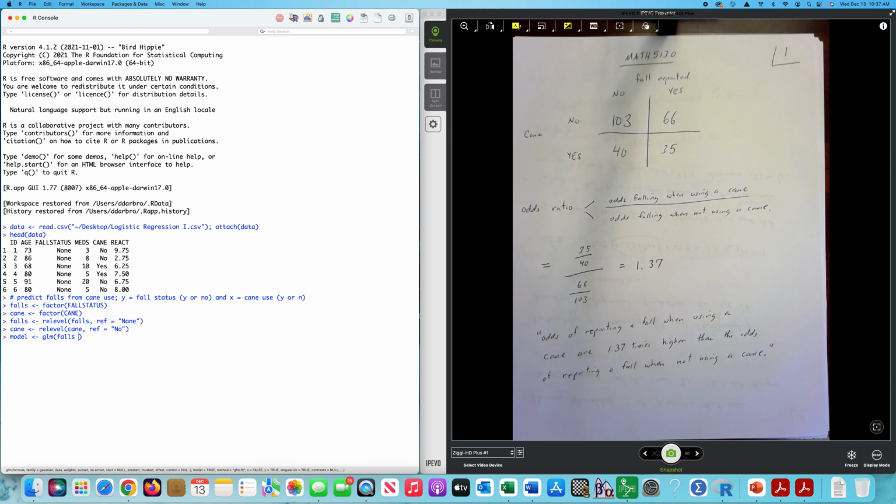We want to take fall and predict it from cane, but because it's a general linear model, we have to specify the family, the probability distribution that we're using to make those calculations. So all this has to be there.